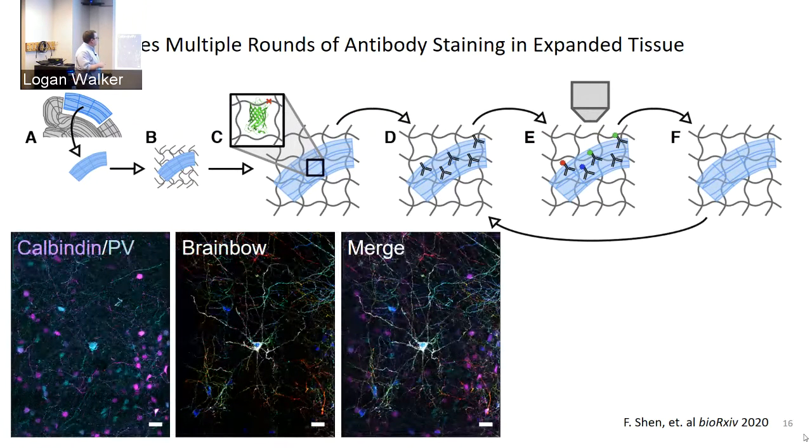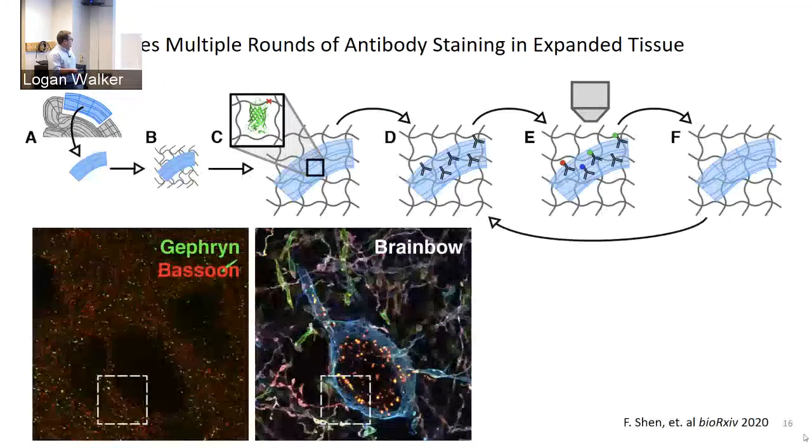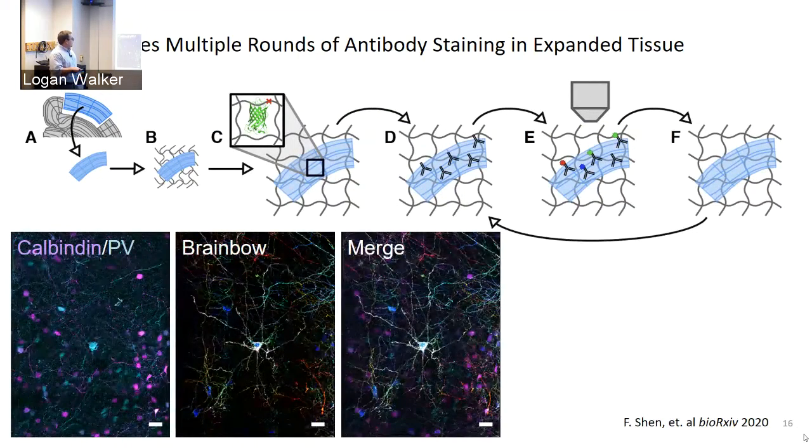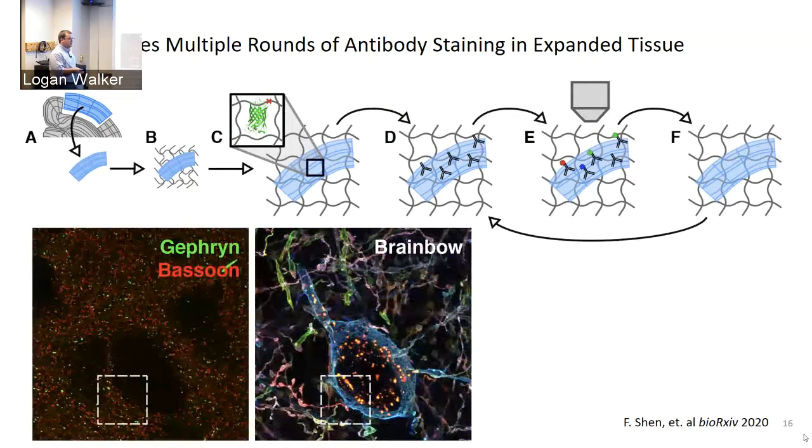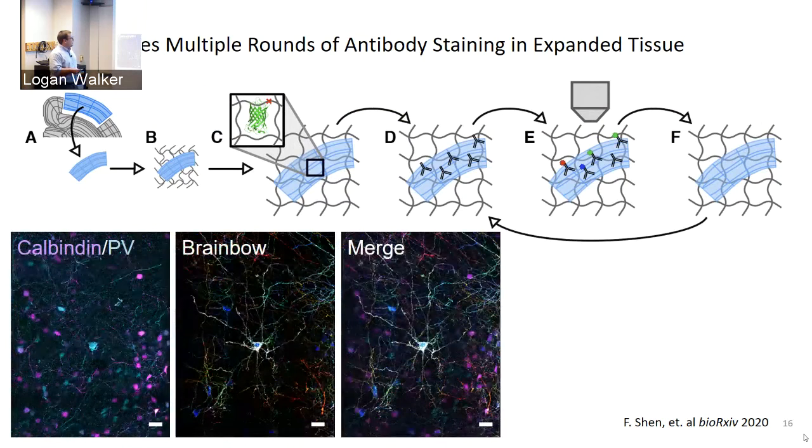In this case, PB and calbindin are two different types of neuron cell type markers, that third column I showed you in that summary figure earlier. And so we can identify, using the combination of this and this, what the cells are expressing, how they're connecting to other cells through this kind of staining, as well as Brainbow to get your morphology information out of it.